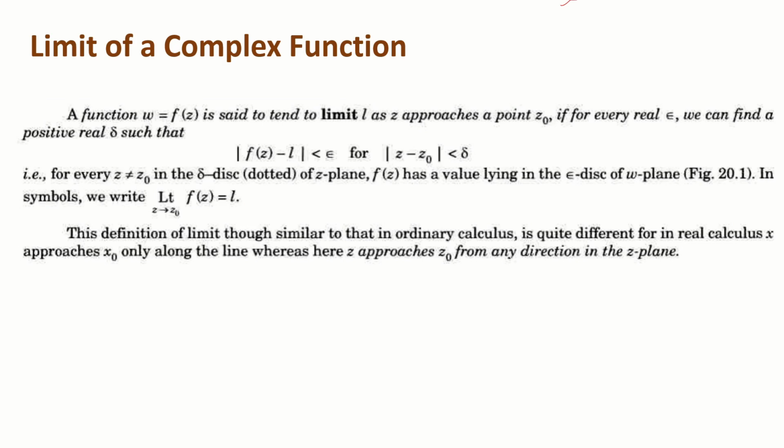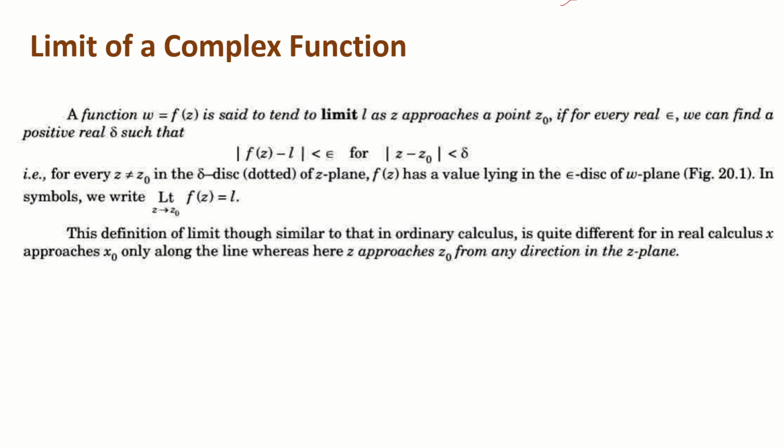Now what these lines actually mean is that epsilon and delta are very small positive numbers. The only thing they mean is that as we get closer and closer to a certain point, f(z) gets closer and closer to some other point. Those two points are: f(z) gets closer and closer to the point L, and z gets closer and closer to the point z naught.